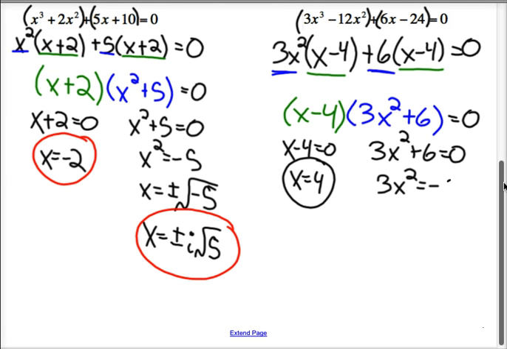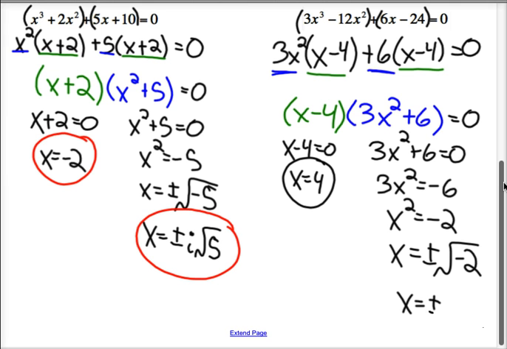So I'm going to subtract the 6 over, divide by 3, and now when I square root, I'm square rooting a negative again. So remember, that means we are getting an imaginary solution. And that represents our other two solutions to this.